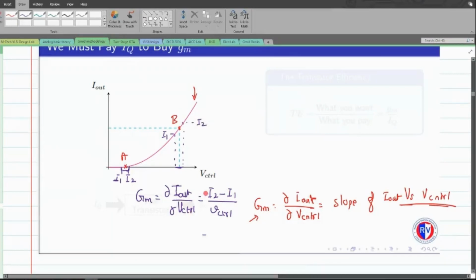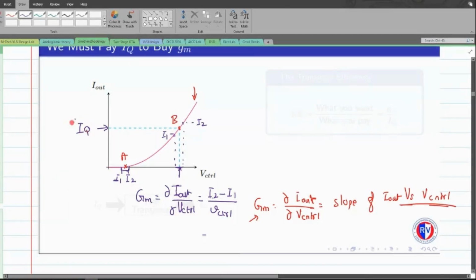Now when I apply this rule, we can see that there is a large difference between I2 and I1, and due to which we end up having a very large value of GM. So clearly this indicates that in order to have a very high value of GM, I have to pay a large bias current, which I'm writing as IQ here.